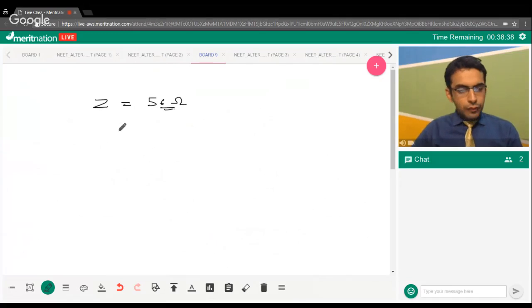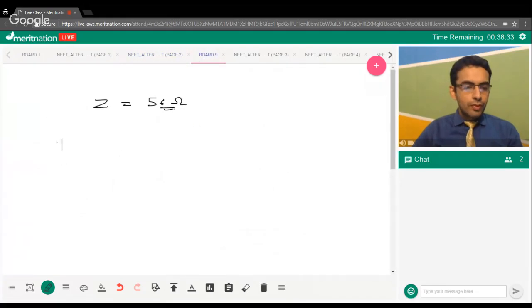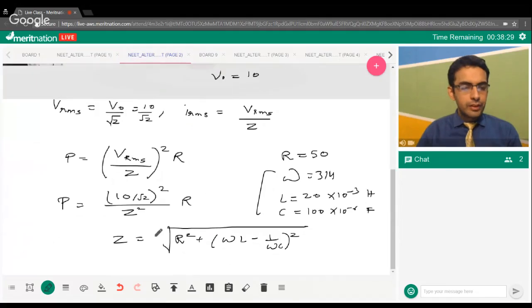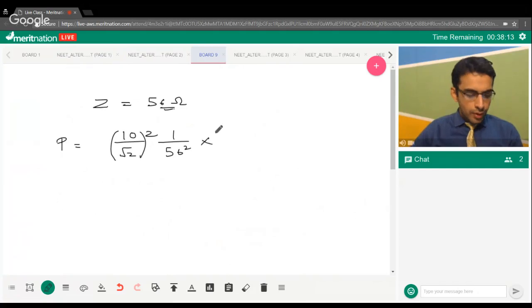Next, we have to find the P average or average power dissipated. Just put in the formula that I have just written over here. Vrms is 10 by root 2, into 1 by Z square, 56 square, into 50.